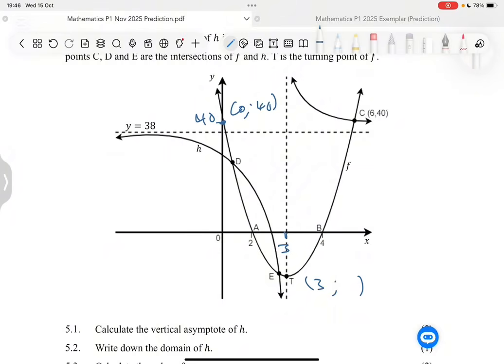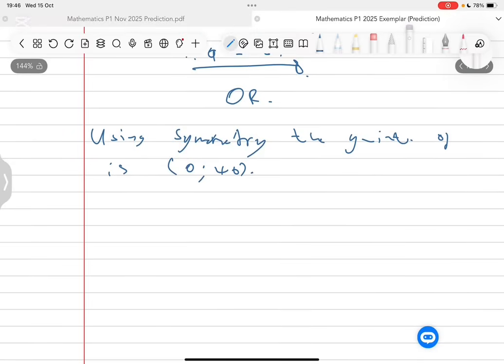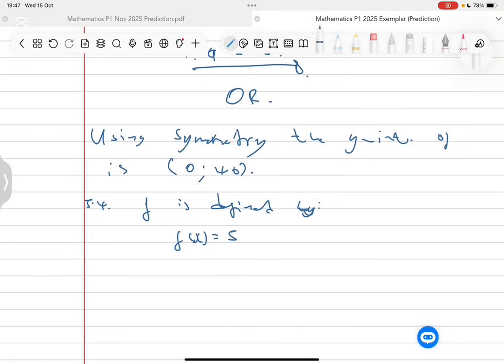Now, to do this, I'm going to use my original equation that we have built up. For 5.4, our function f is defined by f(x) = 5(x - 2)(x - 4), because already we know that a is 5.